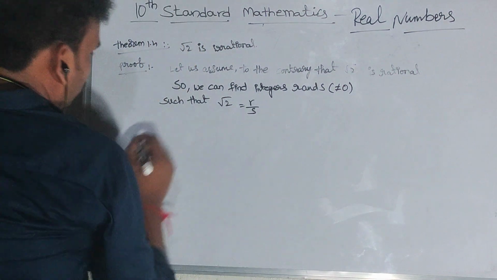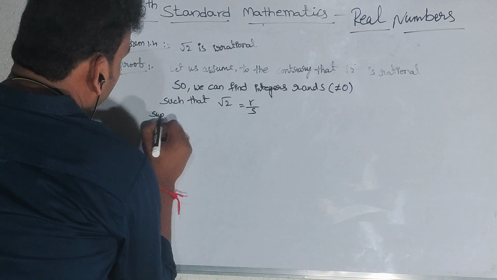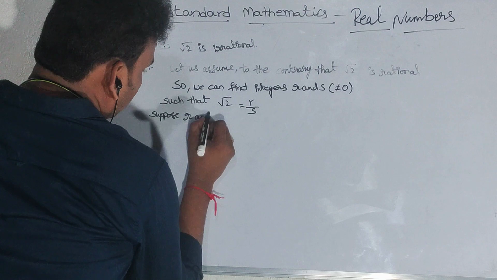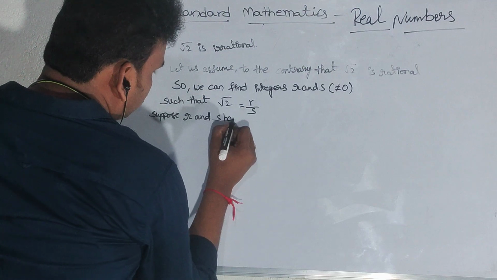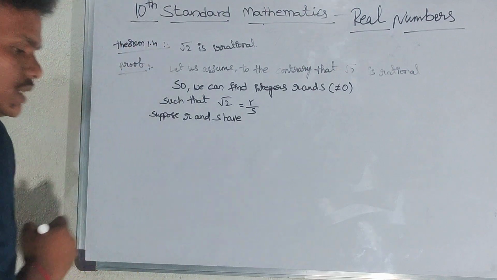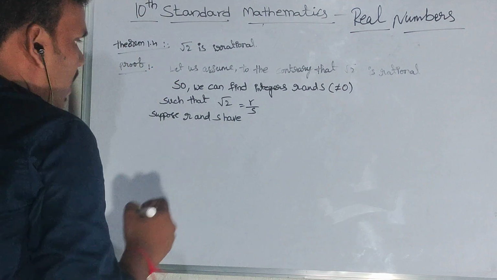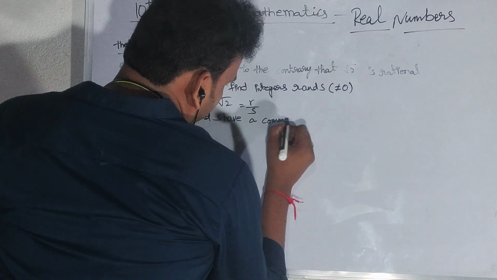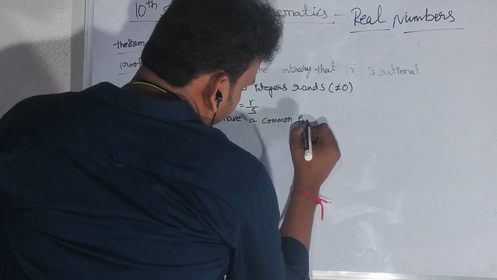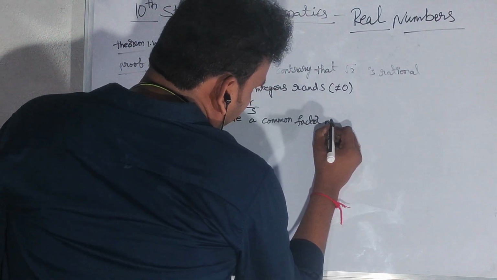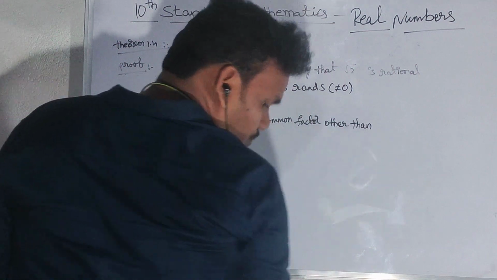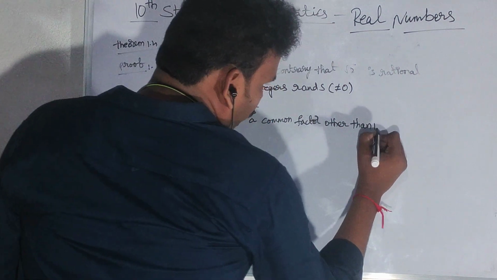Suppose r and s have a common factor other than 1.